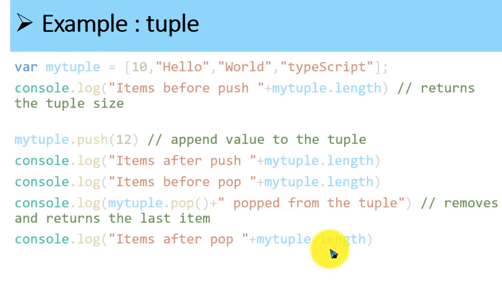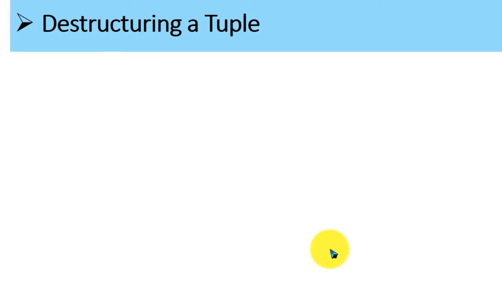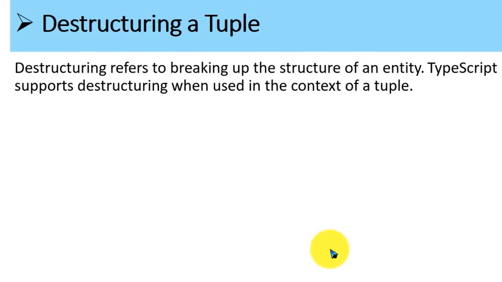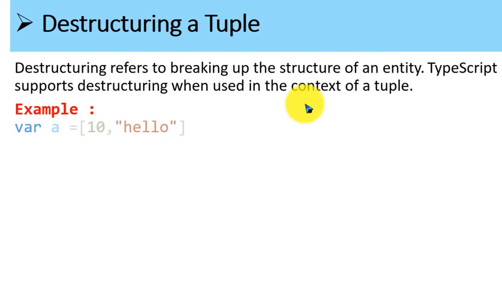Now you can destructure the tuple also. Destructuring refers to breaking up the structure of an entity. That means you can break down the tuple into a number of variables. That is also possible in TypeScript. TypeScript supports destructuring when used in the context of a tuple. Look here, variable a is equal to 10, hello. So 10 and hello are the elements of a tuple.